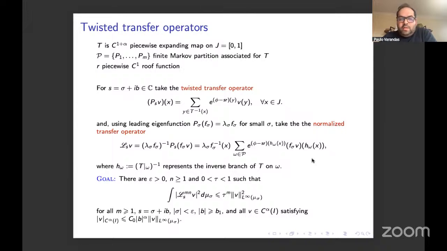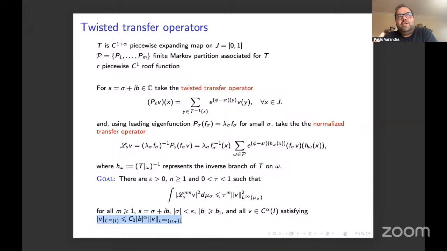and the goal, after these reductions by Dolgopyat, is that you can get exponential decay of correlations, provided that you have what is called cancellations, and provided that you have a contraction in the L2 norm of the action of these twisted transfer operators. So what one aims at is considering observables such that the Hölder constant is small, represented by a condition like this, which is a cone condition.